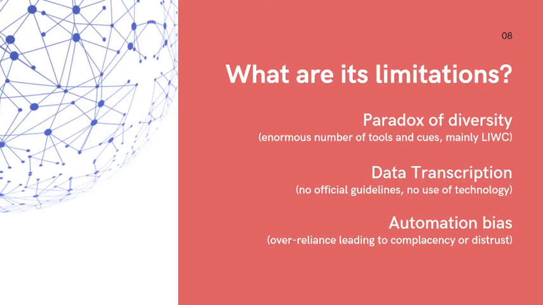And then there is the automation bias. And the automation bias is something that comes actually from the engineering field, where we see that people, when confronted with automated solutions to solve a problem, will either be complacent or distrust the technology.